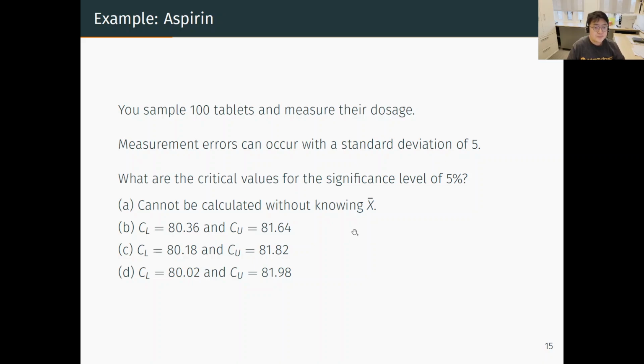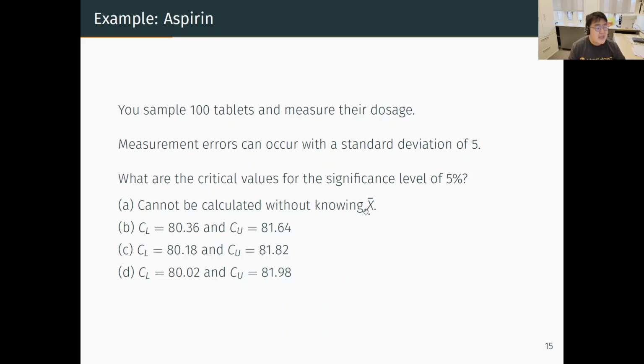Okay, so first, you don't need to look at the data to calculate the critical values. That's the advantage of using the critical values. Critical value does not require data except for the standard deviation. In this case, the standard deviation is attached to the scale, not the data, not the tablets.